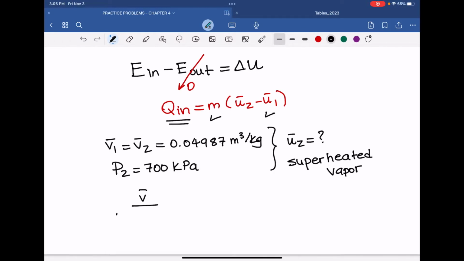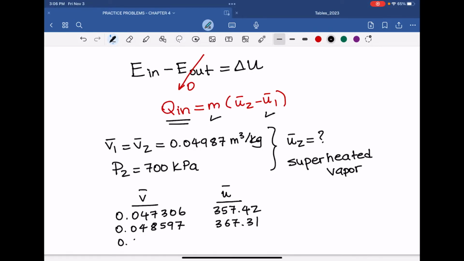These are what we read. And the internal energy corresponding to that. And then this is also what we can read from the table. And this is our specific volume, right? And we're just gonna calculate the corresponding internal energy.